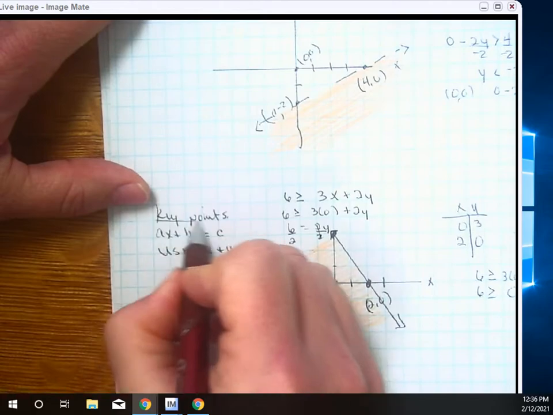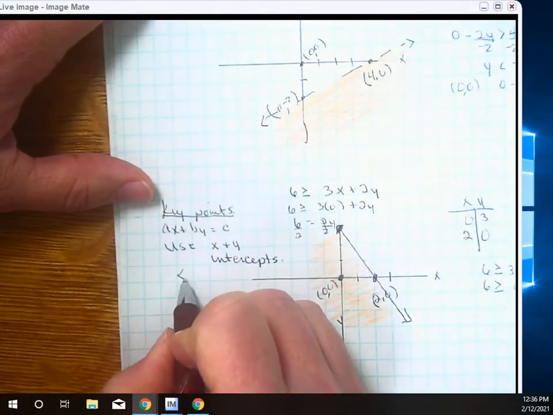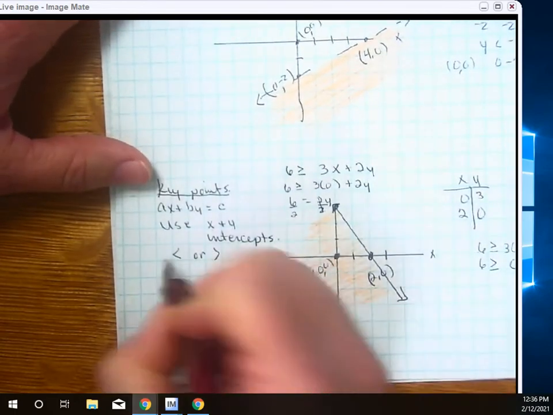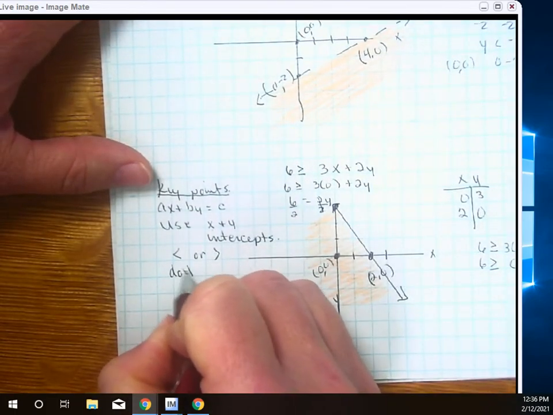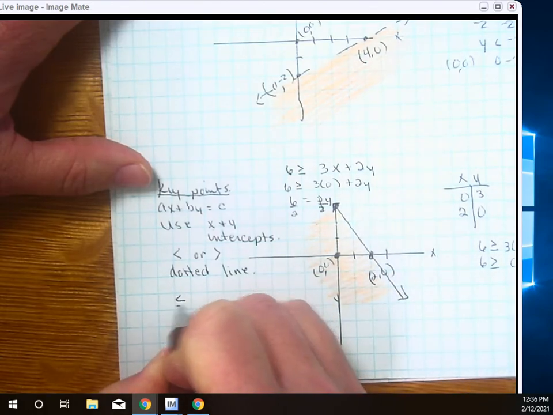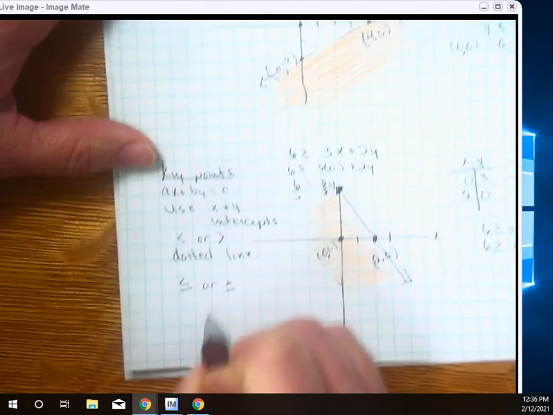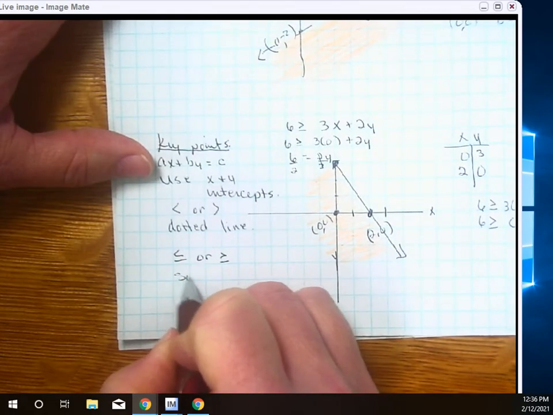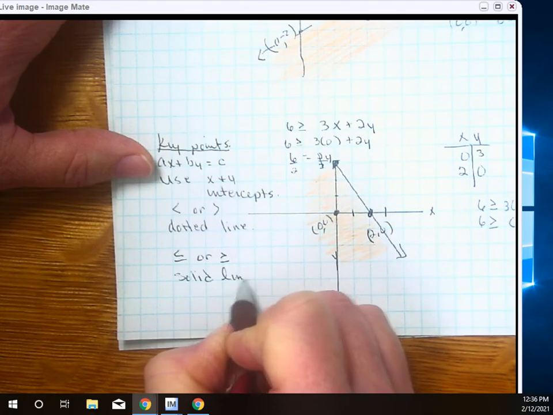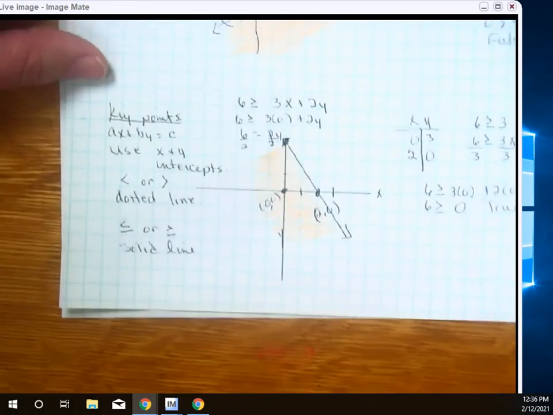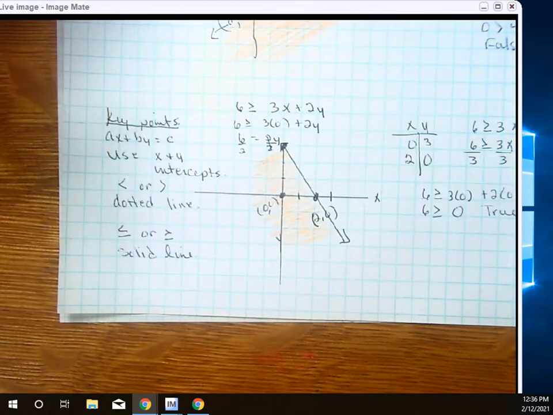Another key point from this lesson: if you have less than or greater than, you should connect the points with a dotted line. If you have less than or equal to or greater than or equal to, then connect your points with a solid line. And with that, you now know how to graph the inequalities.